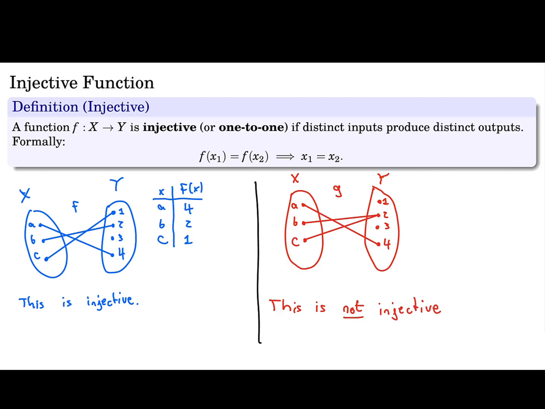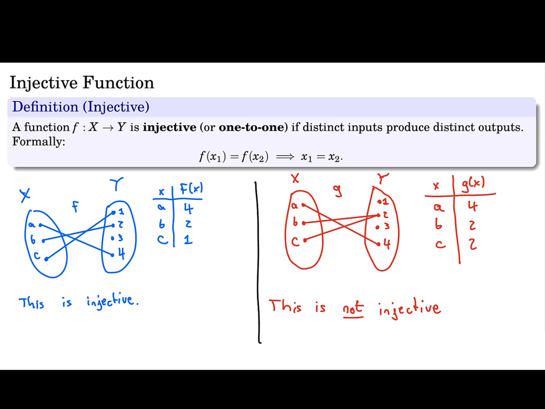And why is that? Let's write a little table also here. We have our little x and g of x. So g of a is equal to 4, g of b is equal to 2, and g of c is equal to 2.